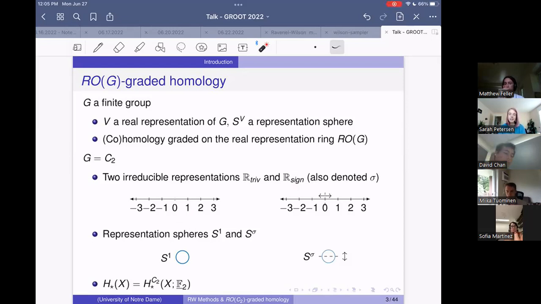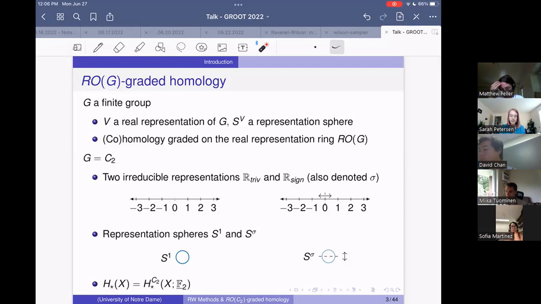So then taking the one-point compactification of these two representations, we end up with two spheres, S1 and S sigma, which has the conjugate C2 action. And then we're going to grade our homology on these two types of spheres.